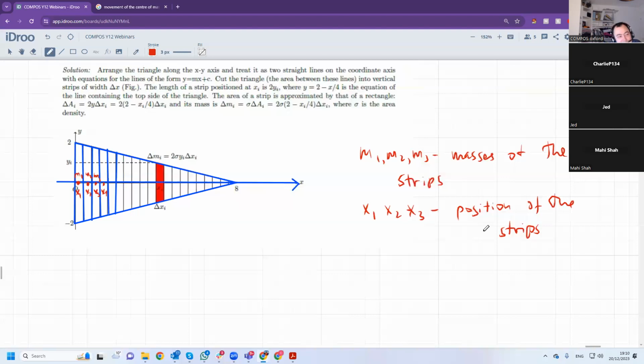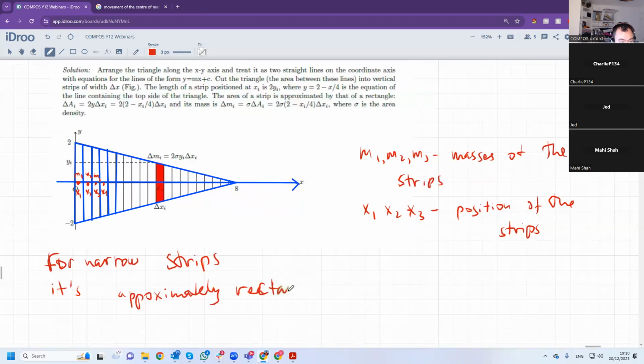It's very close to a rectangle for narrow strips, approximately rectangles.